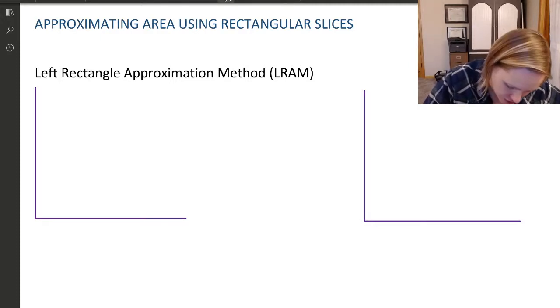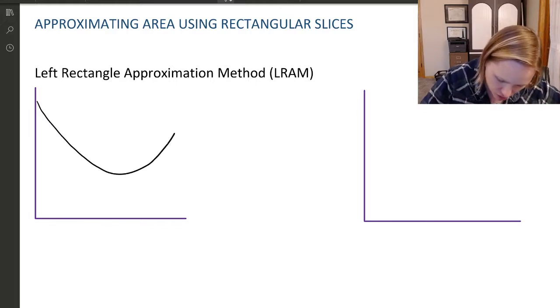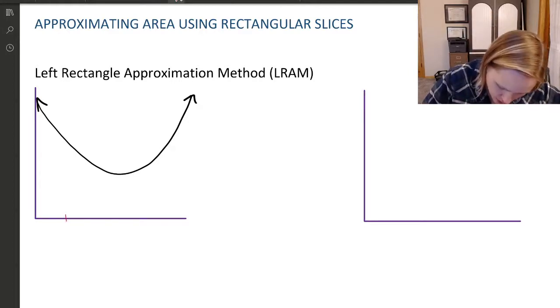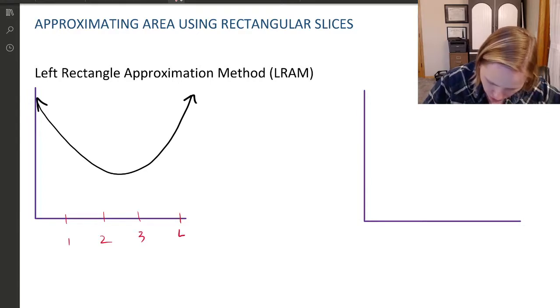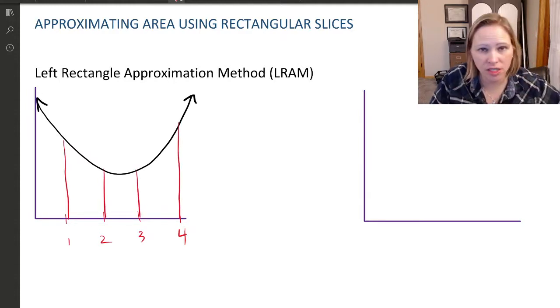First of all, we have what's called a left rectangle approximation. And for this, I'm just going to draw a really basic curve, a little parabola. What a left rectangle approximation would look like is we would have various little partitions for x. So let's just say 1, 2, 3, 4 here. We're just going to keep it simple and do 4 partitions.